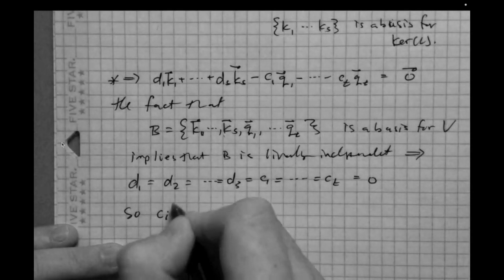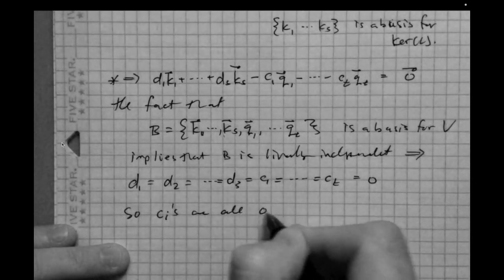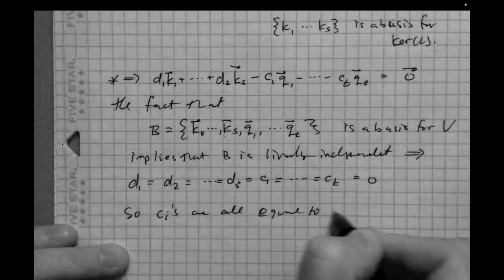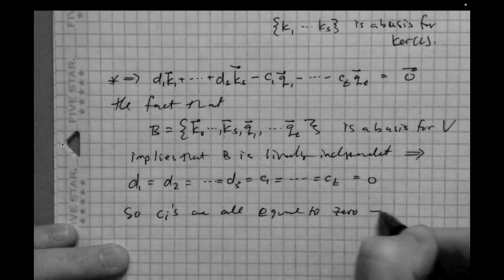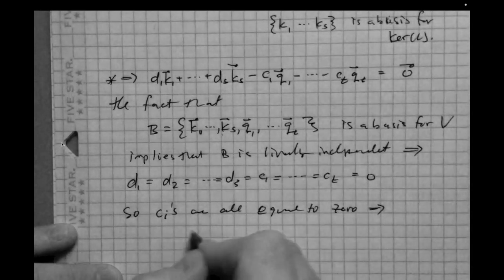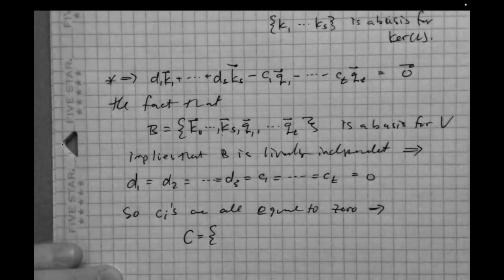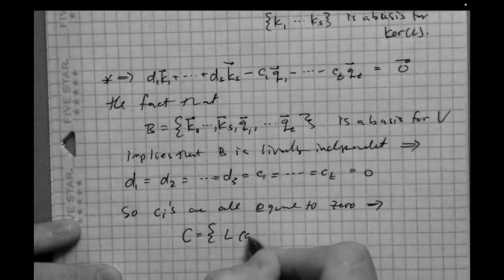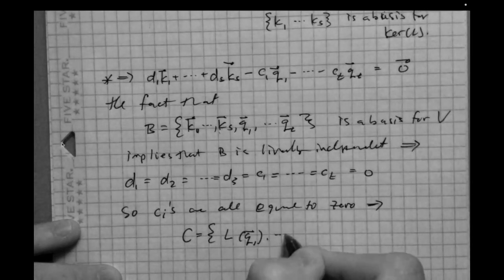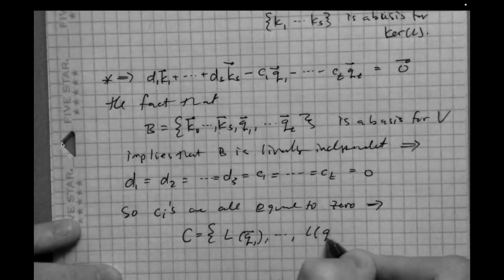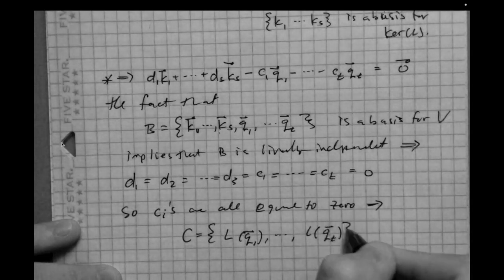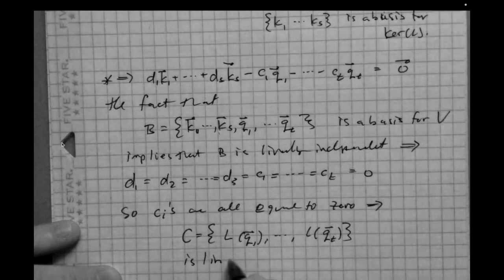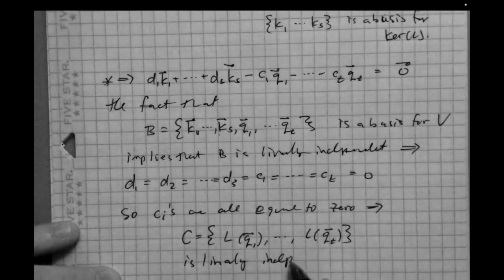So, let's sum this up. The CIs are all equal to 0. That implies that C that we had before, C being the set LQ1, dot, dot, dot, LQT, is linearly independent.